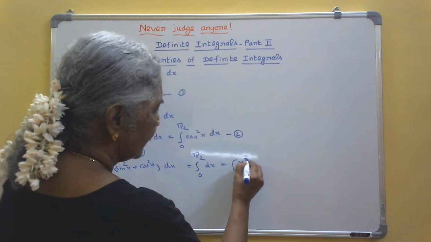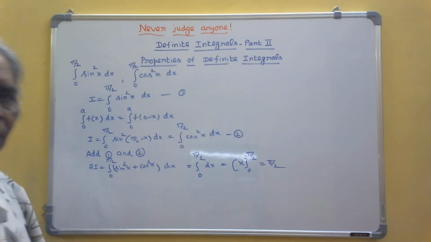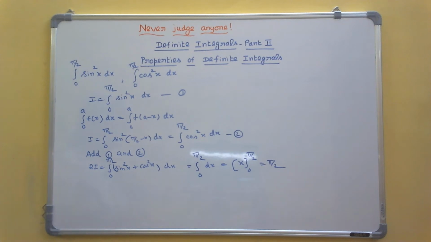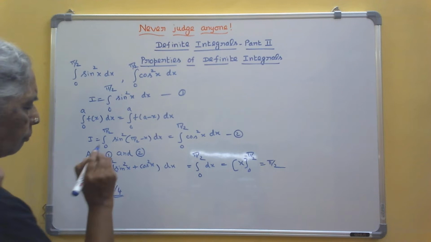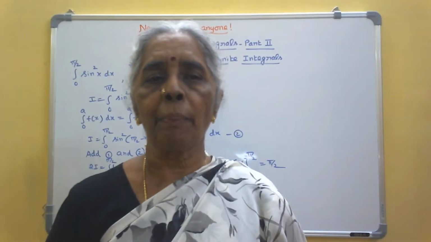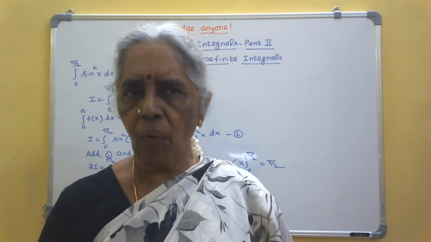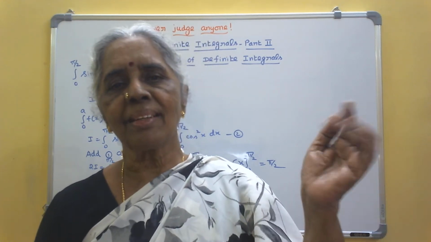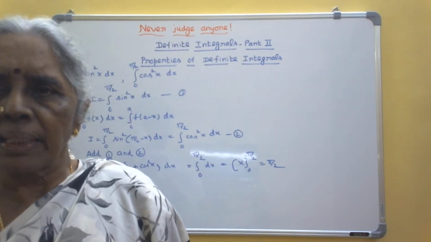Again it is x. Between the limits, you will get pi by 2, right? So 2I is pi by 2. So the I will be equal to pi by 4. So for these two sums, you can use this property and you will get the answer easily as pi by 4. Okay. Now let us see another type of sum.